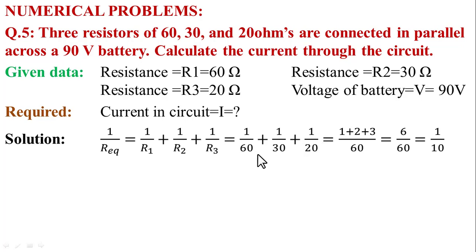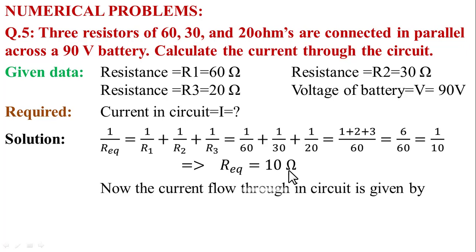Taking the LCM of the three resistors, the LCM is 60, then 1 upon R equivalent is equal to 1 plus 2 plus 3 divided by 60. So 6 divided by 60 is equal to 1 upon 10. Now, taking the reciprocal on both sides, R equivalent is equal to 10 ohm.